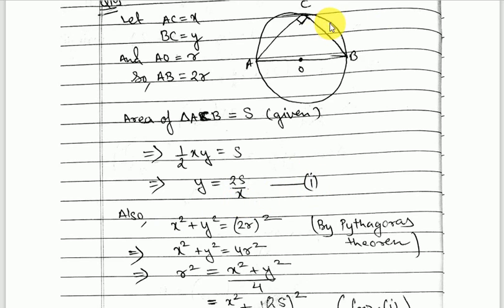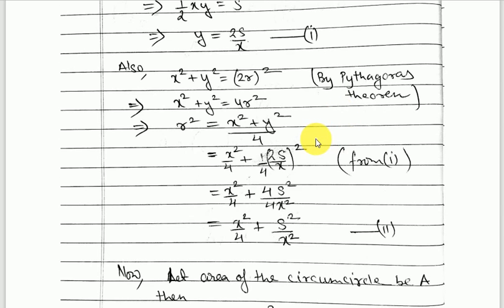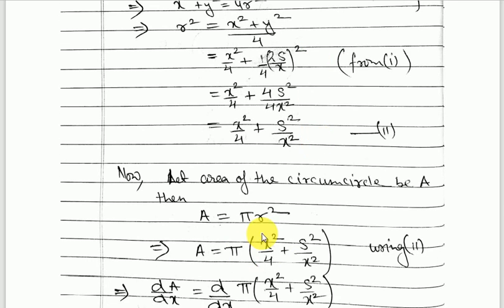Now we are talking about the least area, the minimum area of the circle, so I have to write the expression for the area of the circle. The area of a circle is given by pi r square.